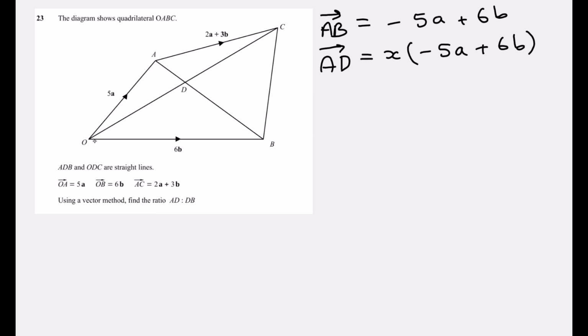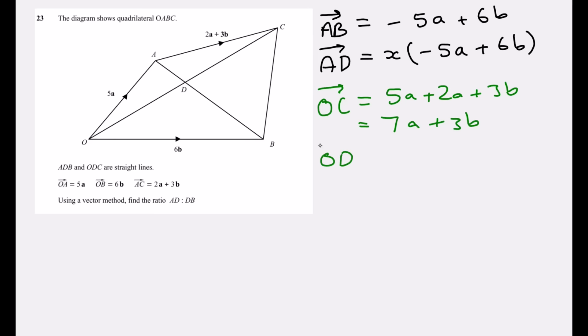So if we work out O to C, which is 5A plus 2A plus 3B, so 7A plus 3B, we can say O to D is some fraction of that. Let's call that fraction Y.